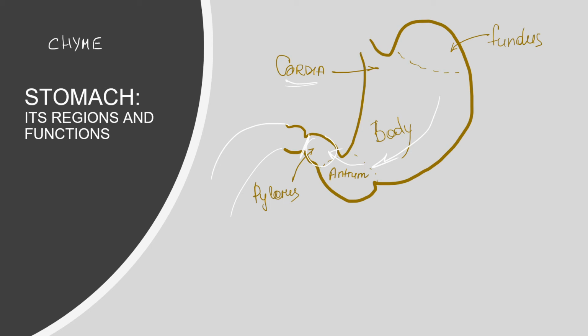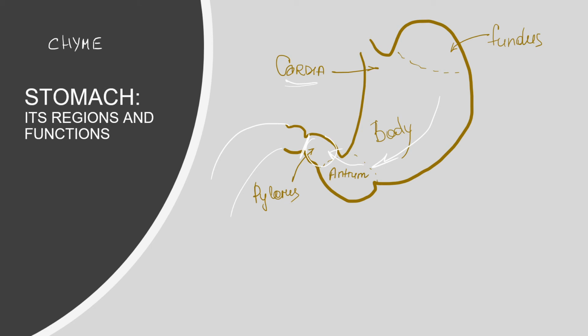It prevents passage of food particles until they are completely mixed in the chyme to a fluid consistency. So it takes some time, 1 to 3 hours. Then, as I've told you before, the food goes to the duodenum.